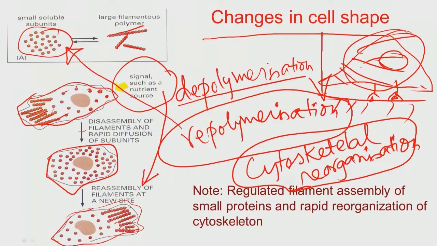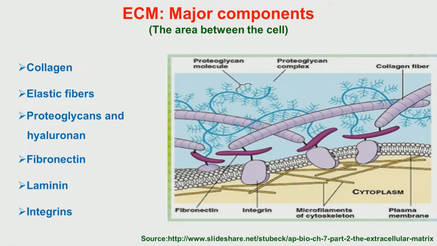I will address this point later, but at this point you might bear in mind that these changes in cell shape due to depolymerization and repolymerization are involved in cell-material interaction, and therefore this has its own importance in the overall fate processes of a cell.